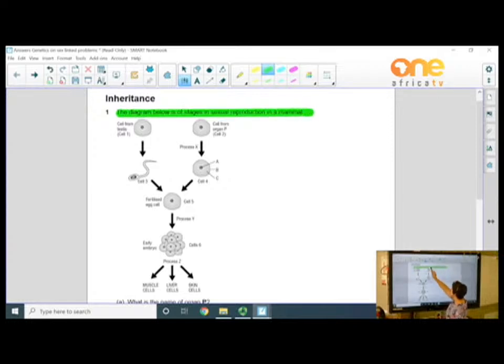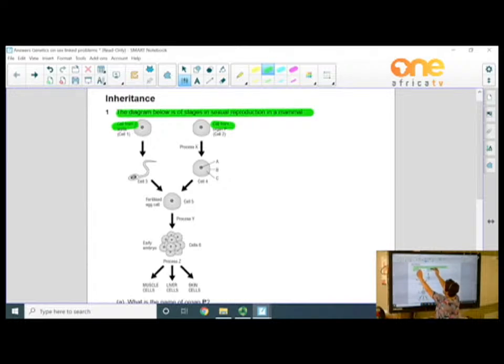The stages in sexual reproduction in a mammal. And from organ P, and a cell from the testis.